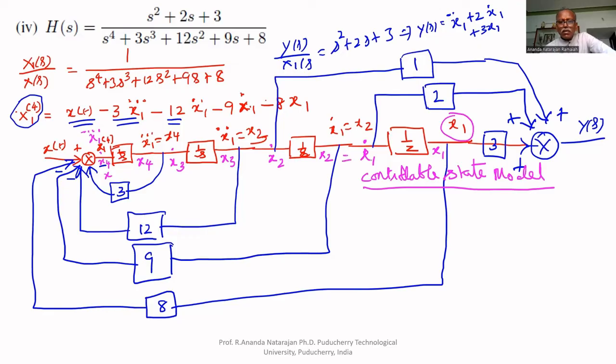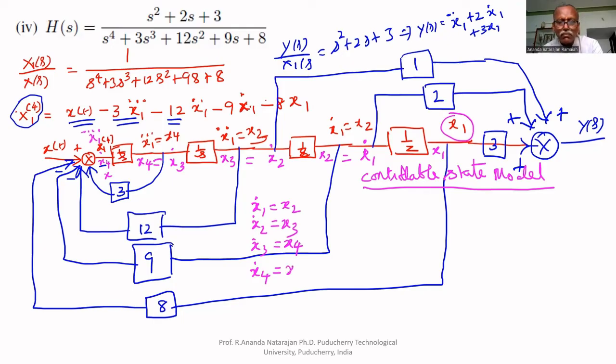Here we can put x1 dot equal to x2, x2 dot equal to x3, x3 dot equal to x4, x4 dot equal to the sum of all these things. So we can write the equation: x1 dot equal to x2, x2 dot equal to x3, x3 dot equal to x4, and x4 dot equal to what? Sum of all these things.